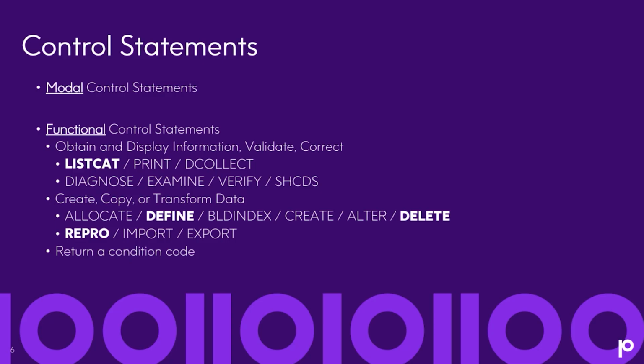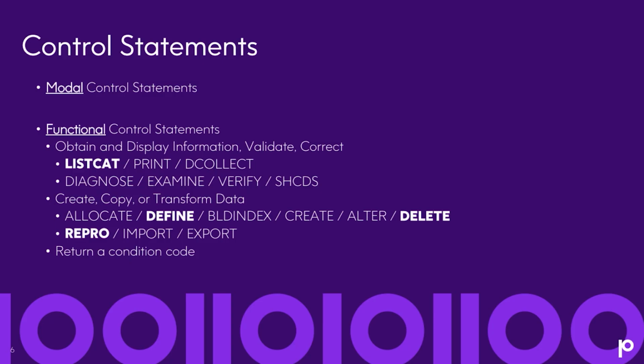That is, there are the if-then-else statements that say if some condition, then either continue or quit, or set the condition code. They don't really do anything to data. The important control statements are the functional control statements that allow us to obtain information and display it. Primarily there we're talking about LISTCAT, but there are others.